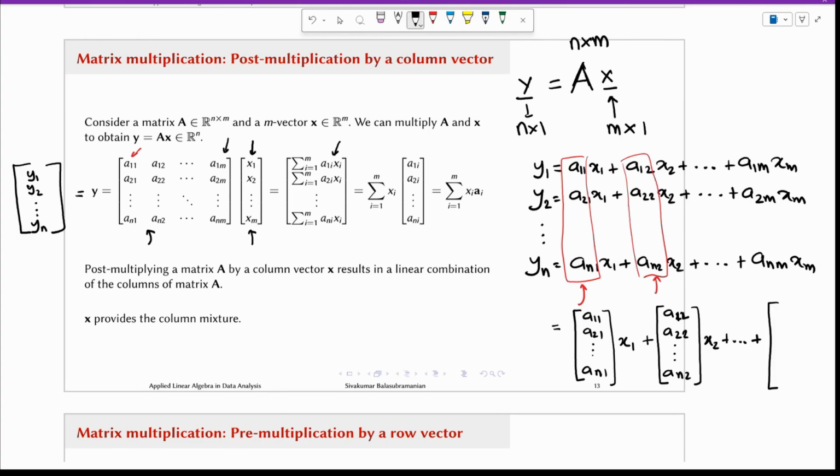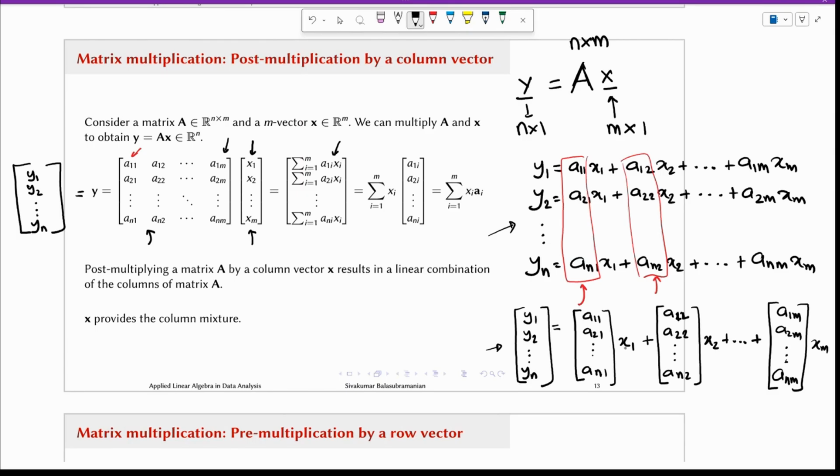You take the last column, A1M, A2M, ANM, multiplied by XM. And what will I produce? I'll produce a Y column vector. All I've done is write this same set of n linear equations using column vectors. That's it. I've not done anything else.